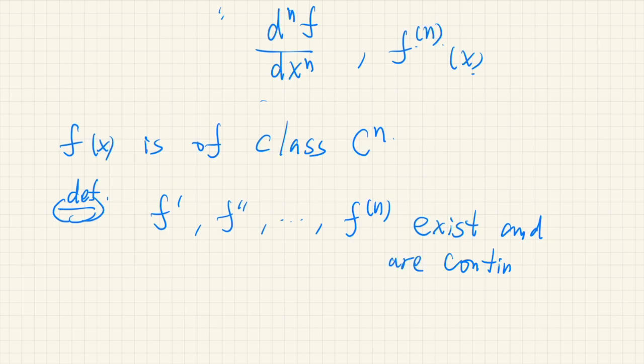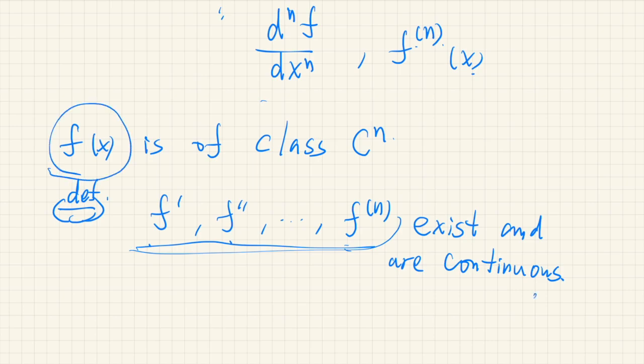Okay, so not just first, second, or third, but up to the nth derivative, they all exist and all of them are continuous. Then we say this function f of x is of class Cn.